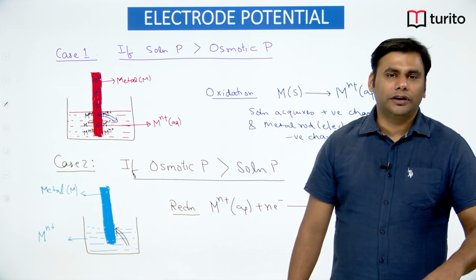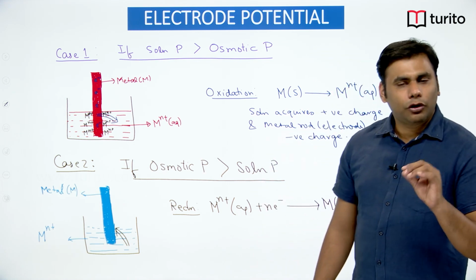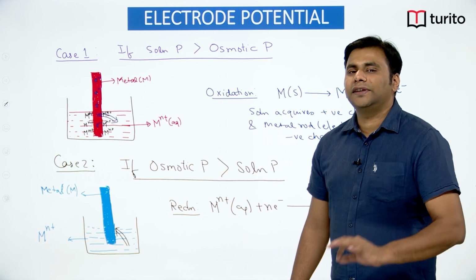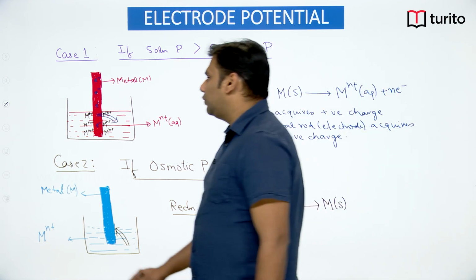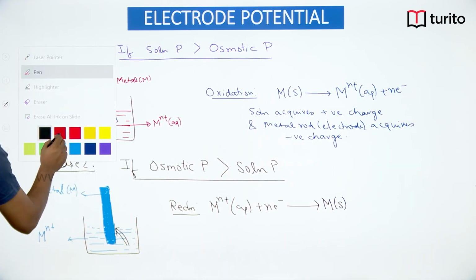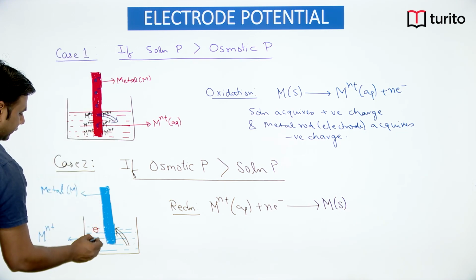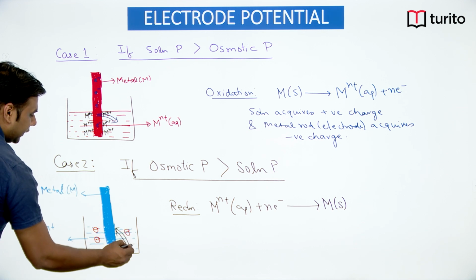So the number of positive ions in the solution would decrease, and the number of anions in the solution would increase. This would lead to the formation of negative charge in the solution, so we'll say that the solution acquires negative charge.